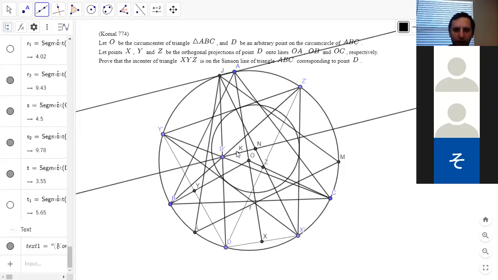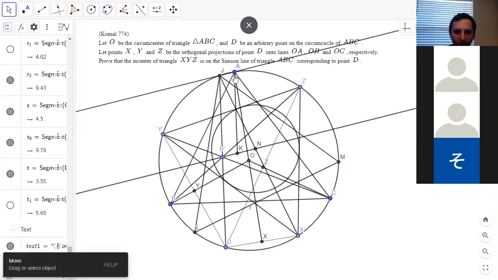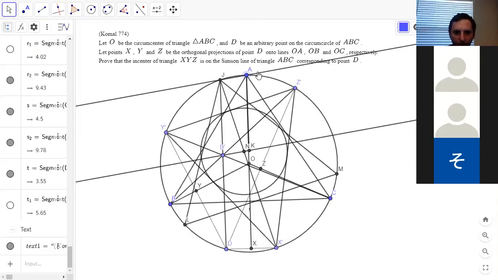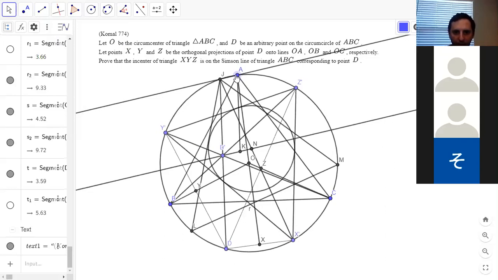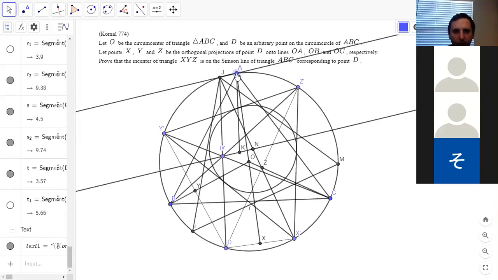I wonder if AKD prime J is a parallelogram. Yeah, it looks like it. It looks like AKD prime J is a parallelogram.